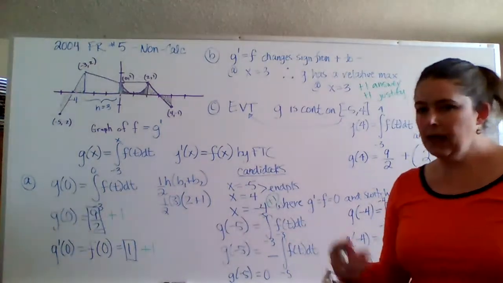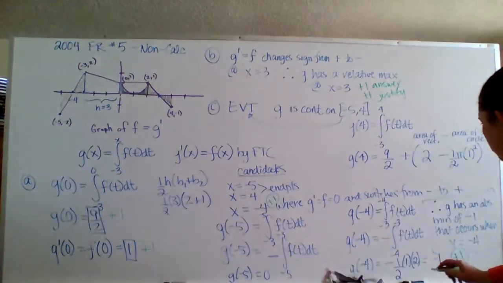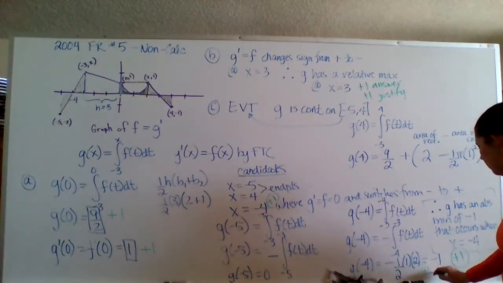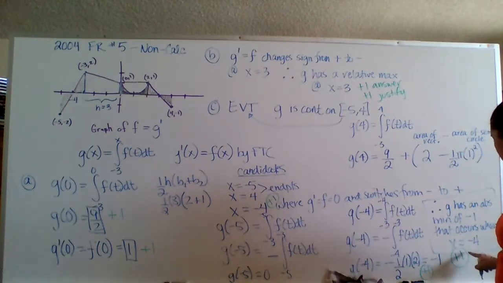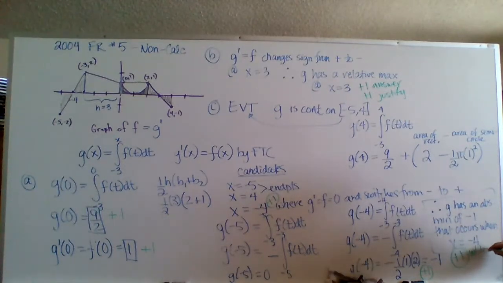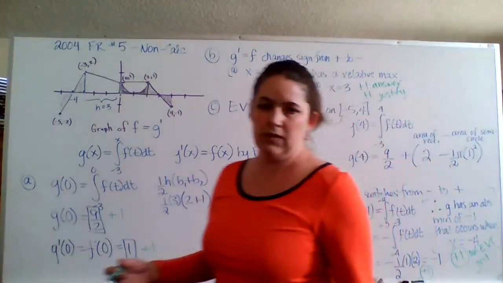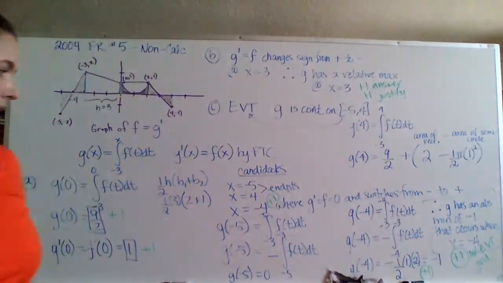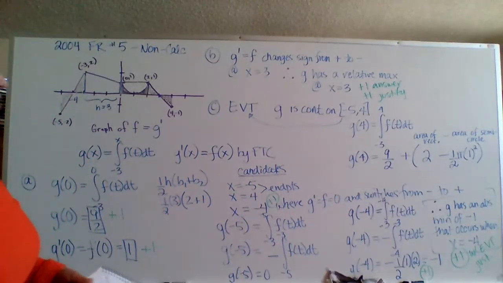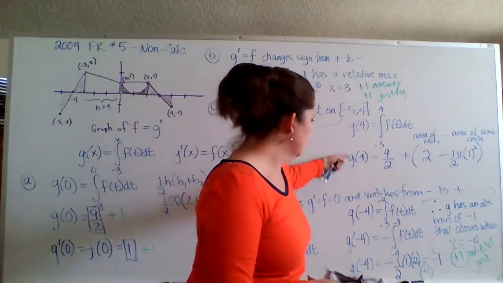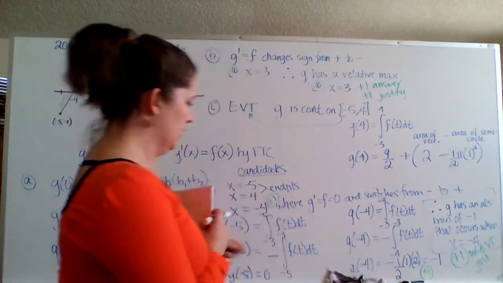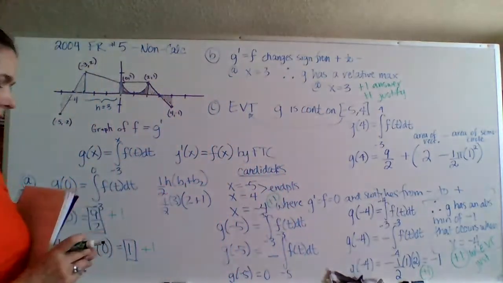So if you got that answer, they gave you a point. If you knew to use that one and eventually got the right y value, and then you get 1 point for knowing that that is the correct one with your EBT justification. So you ran all your other candidates to prove that that was the smallest. Some people might have struggled on this one, but at least if you got that one, you got a point, which was kind of nice of them to do.